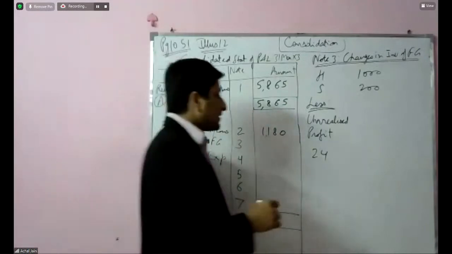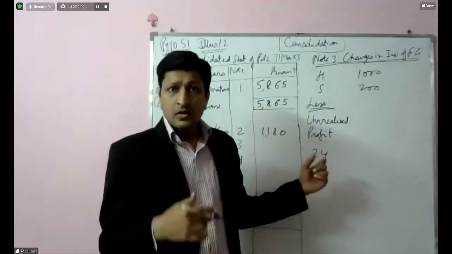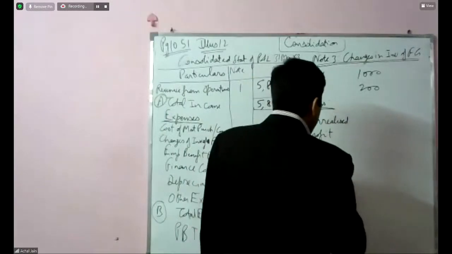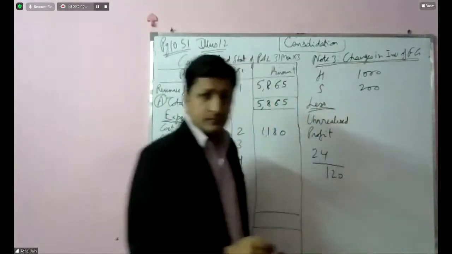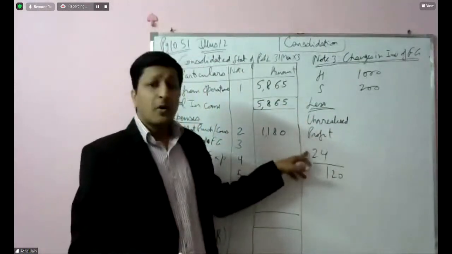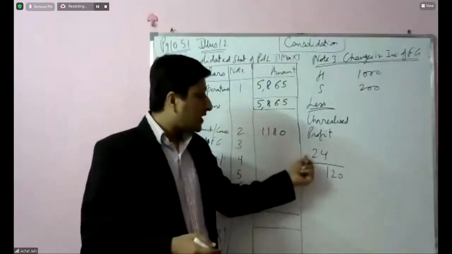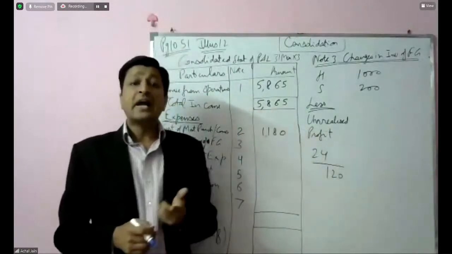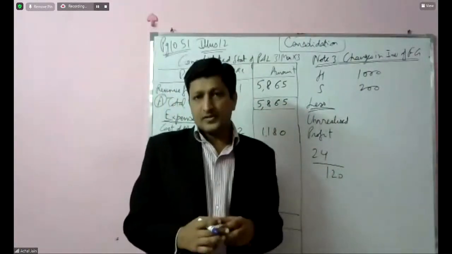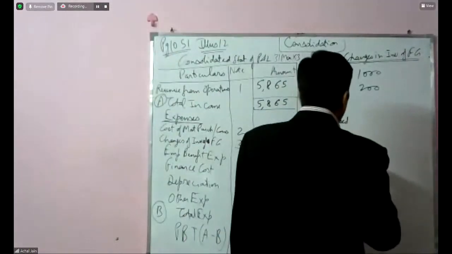Means this is the total amount which includes a markup of 20%. So we'll just divide this by 120. Why are we dividing this by 120? Because this is an amount which is loaded with 20%. So if you look at 100, this amount is 100 plus 20. And what is the component that we need? We need only the unrealized profit with this. We only need the markup with this. So we'll multiply this with 20.